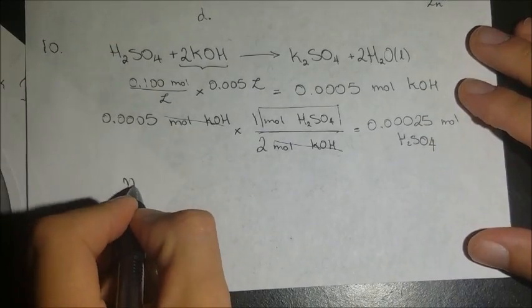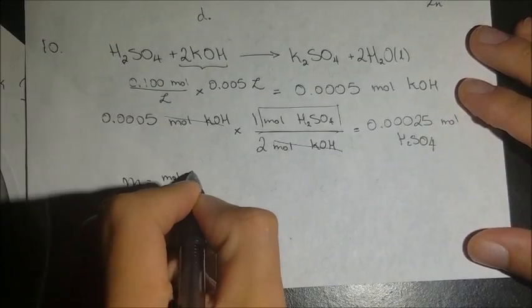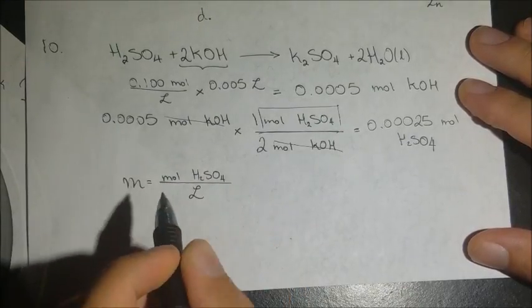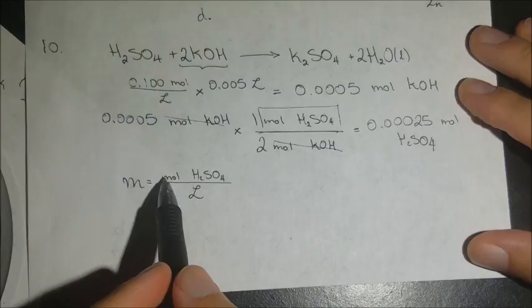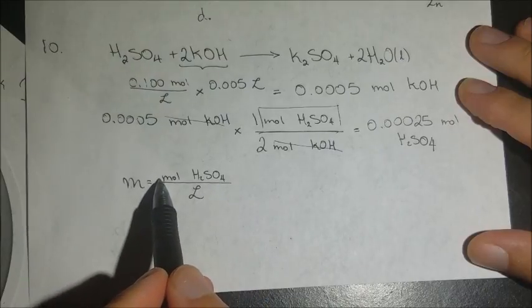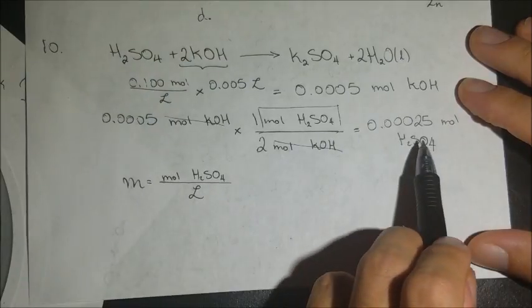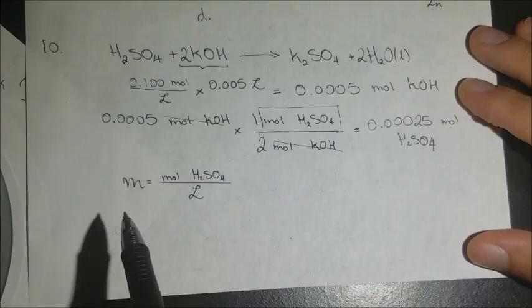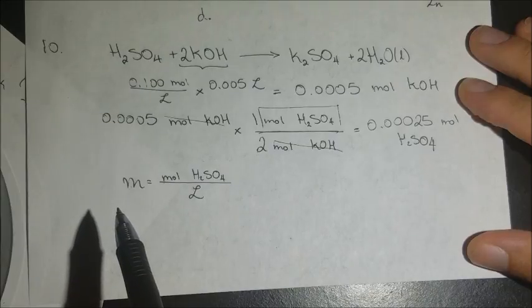So molarity equals moles of H2SO4 per liter. We know 2 of these things. We know how many moles of H2SO4 we have. That's this. And we know how many liters of H2SO4 we have. That's given in the problem as 50 milliliters, or 0.05 liters.